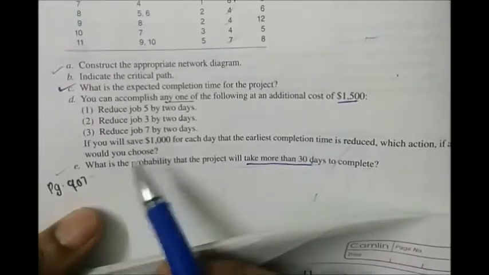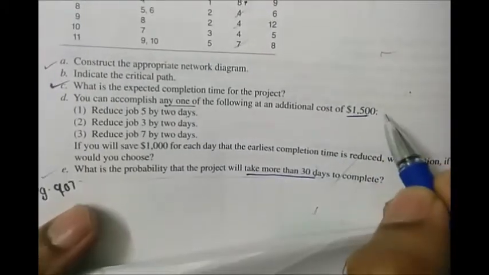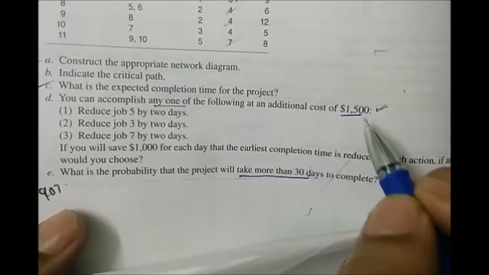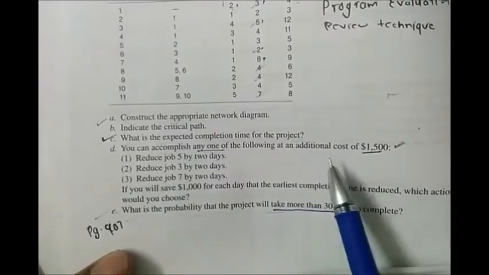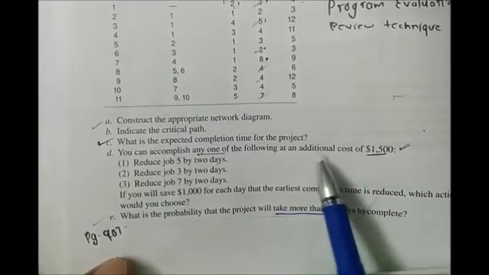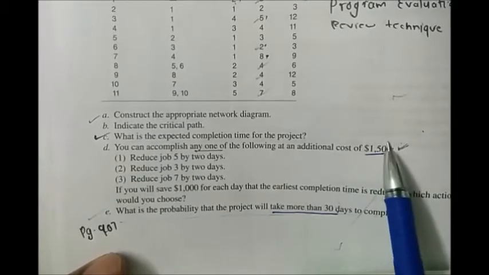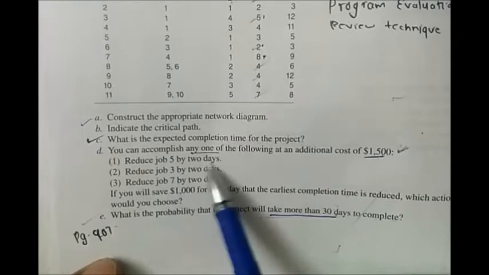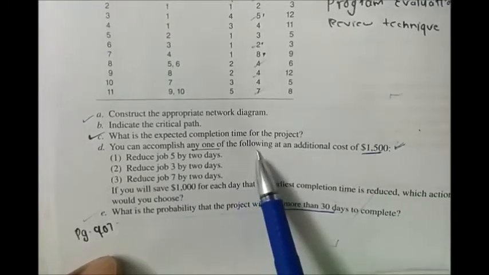Which action, if any, would you choose? The additional cost involved is 1500 per option. If you employ this, it will cost you 1500.